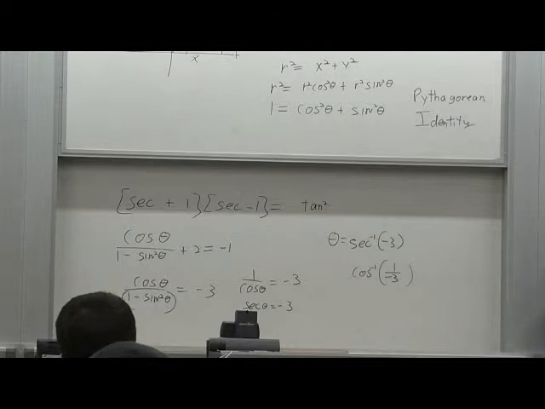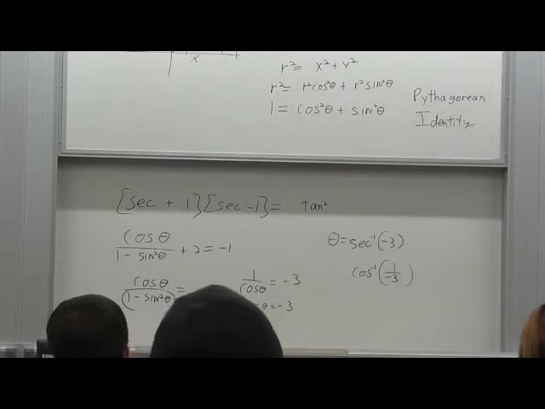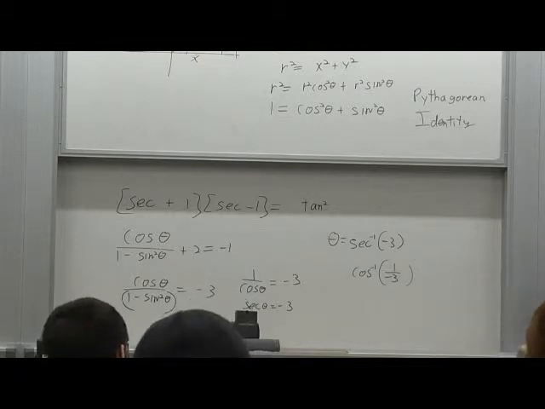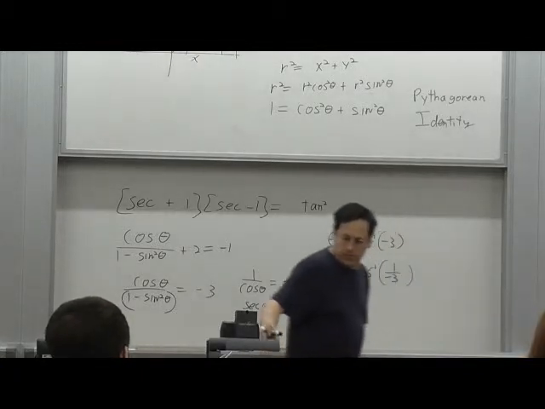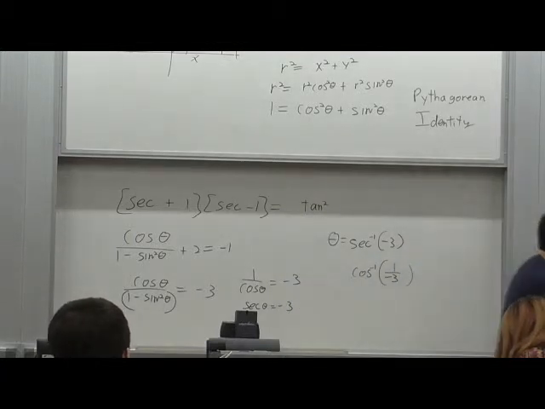So either of these would work. So I have sine of theta equals the positive square root of 0.8, and sine of theta equals the negative square root of 0.8. All right, let's see what we get from our magical calculator on these.